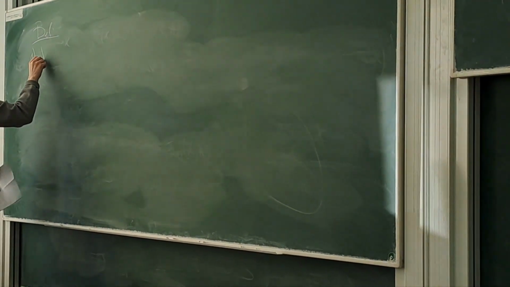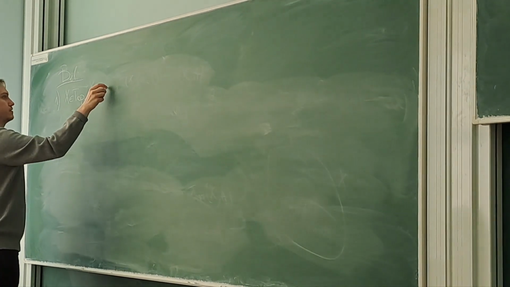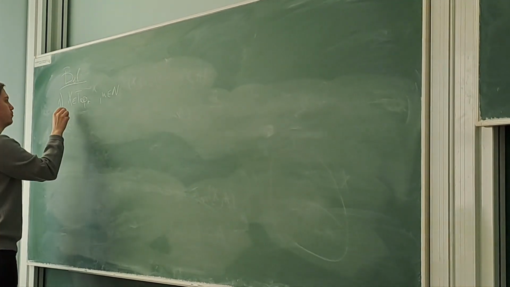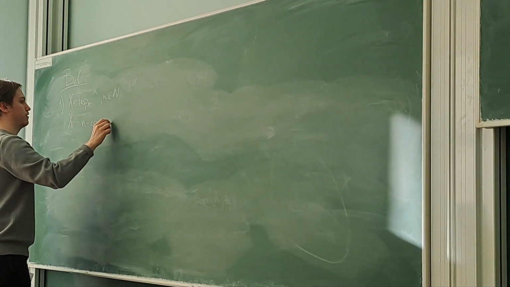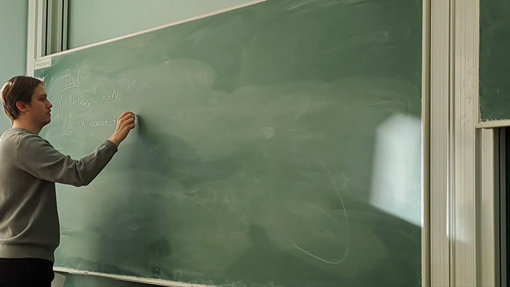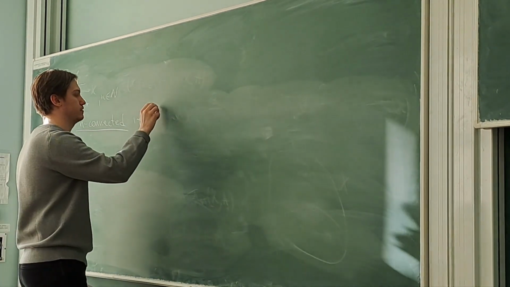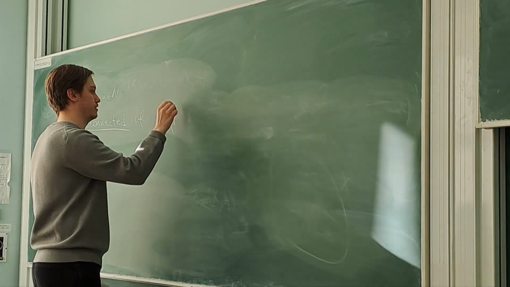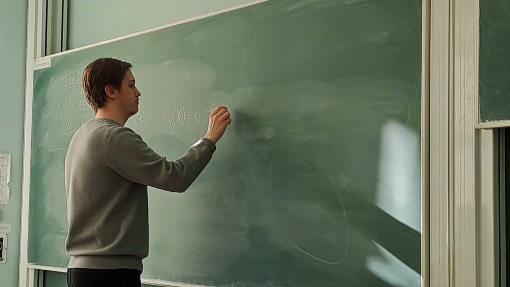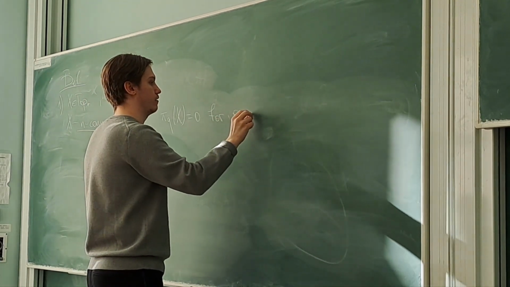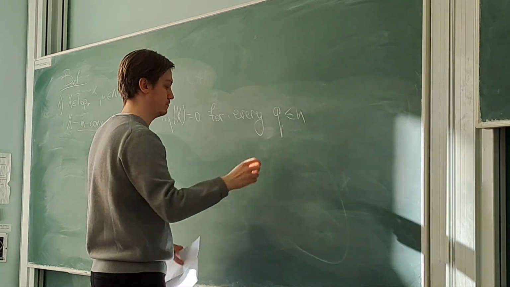Issues that we will need later. So the first one is that if you have a pointed topological space and some natural number n, then X is called n-connected if the corresponding homotopy groups of X are 0 for every q less or equal than n.